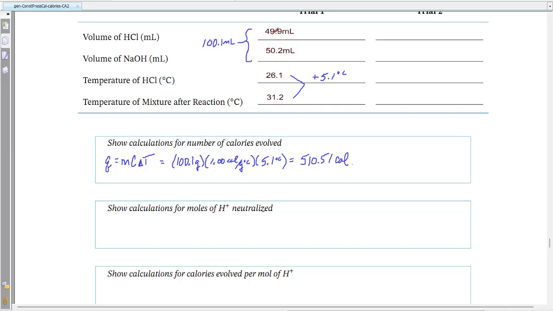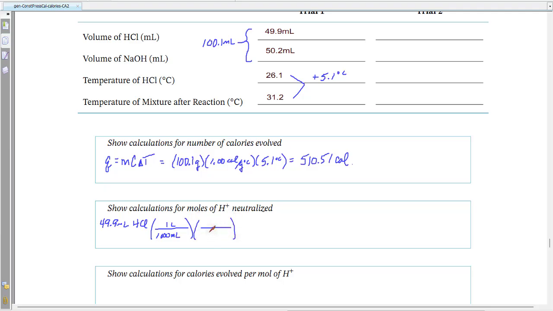Well, we look at this and we say, how much hydrogen did I have? How much H plus? Well, so I started out with 49.9 milliliters of that stuff, HCl, which I have to convert with my handy 1,000 milliliters per liter. And now to get to moles, I need the concentration.